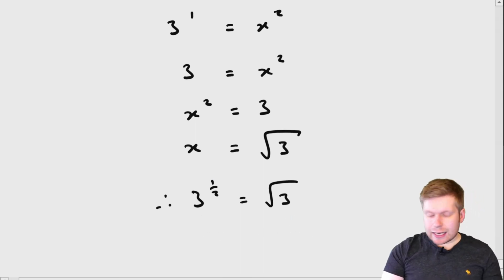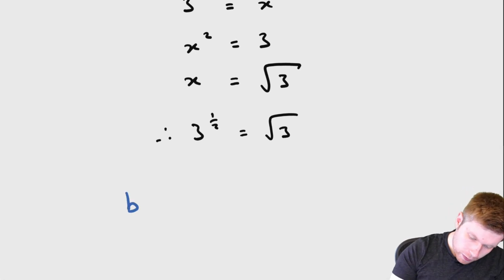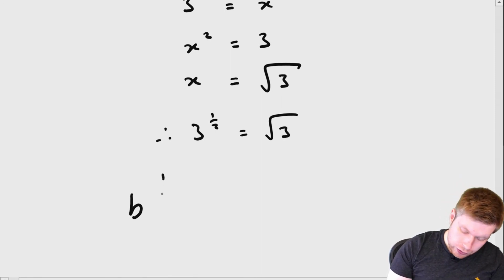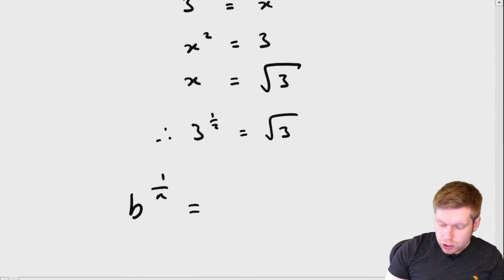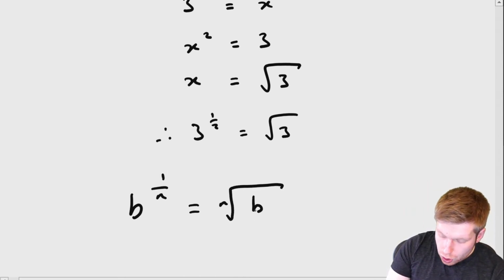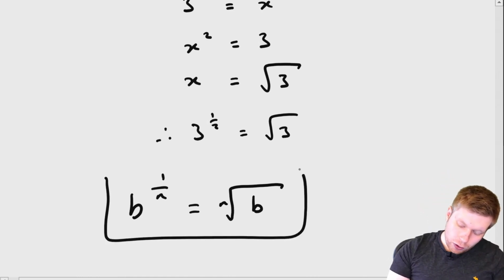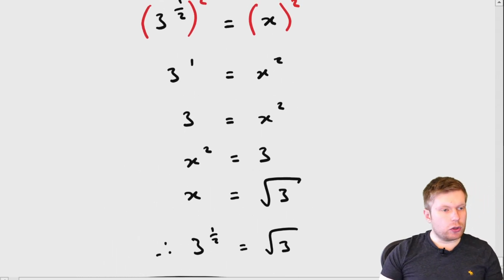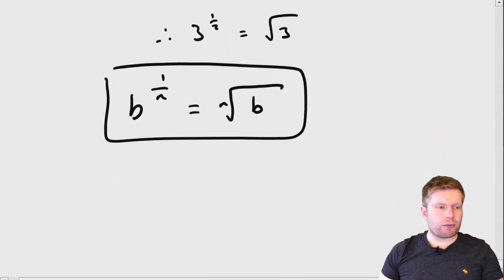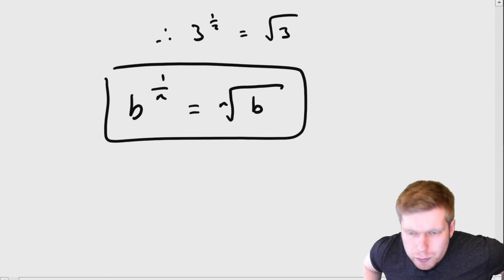Well, basically, in general, if I have some base and I raise it to a fractional power, so for example 1 over n, that should be equal to the nth root of that base, because I can always follow this same logic which I used above. So in other words, b to the power of 1 over n should be the nth root of b.